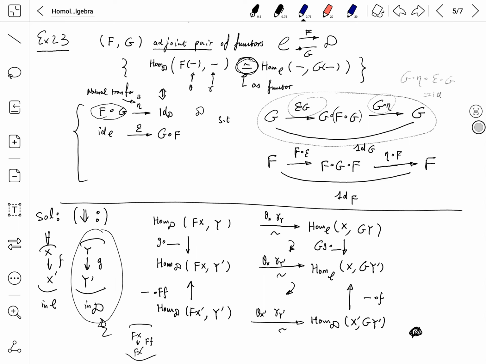You see what I'm saying? If you have a natural transformation theta from F to G, can you compose it with another functor H, if it makes sense, of course, and check that this is again a natural transformation?